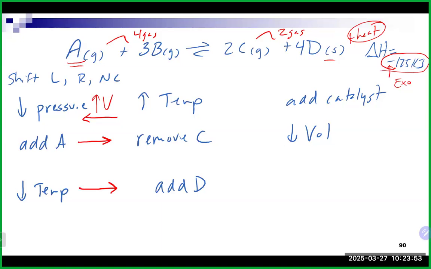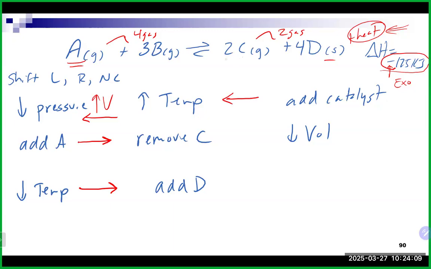Obviously, opposite there, if we increase the temperature, it'd be like adding more products, and adding more products would cause the reverse reaction to occur, and it will go away from the side we added it to.